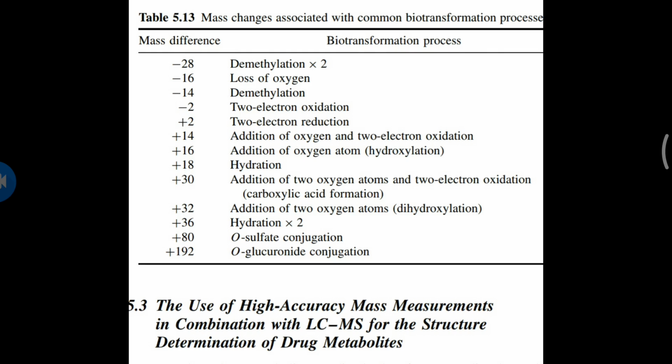In the next lecture we will discuss high accuracy mass measurement in combination with LCMS for the structure determination of drug metabolites. Today's lecture we discussed a method development for structural study.